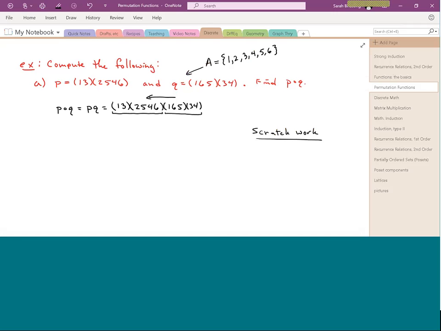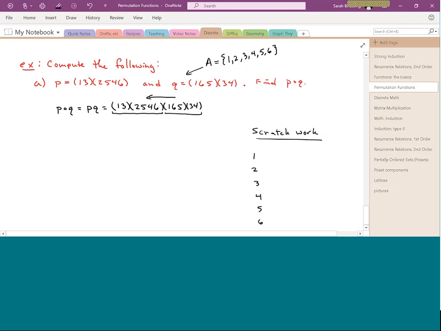So what you do is you grab your building set off the highest number across both of the permutation functions. On something like a test, I try to make sure to give you what that building set is, but on homework it doesn't always happen, especially if I'm pulling homework from the book and it doesn't write it out. So we're going to start from our building set or our domain, which is the numbers 1 through 6.